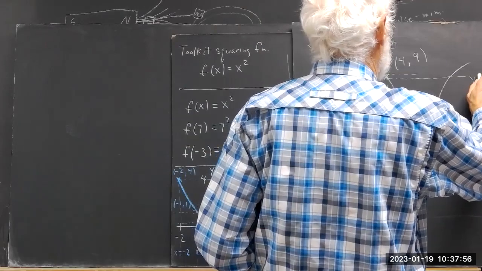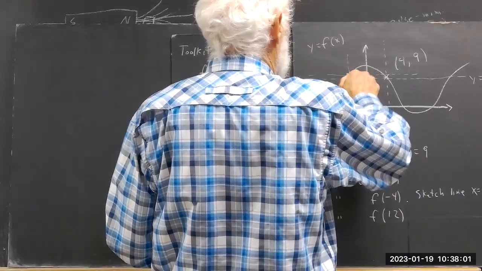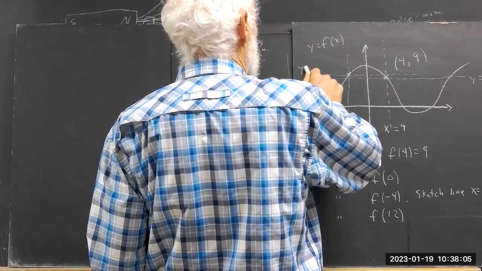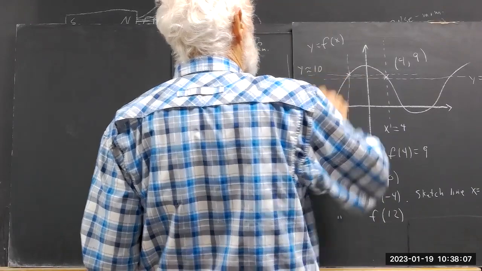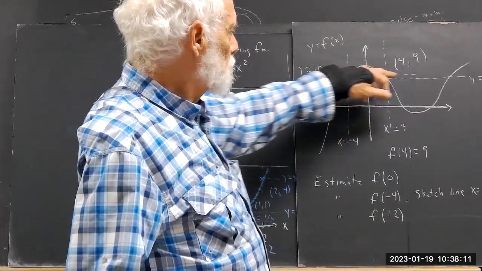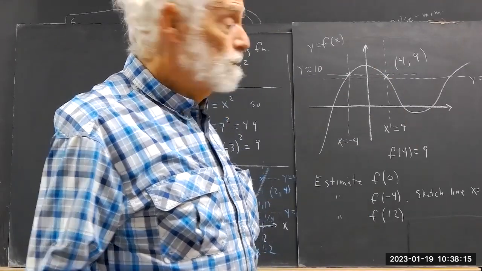So this would be the line where y equals 9. On this line, I use a little wavy equal sign. I say y is approximately equal to 10. It's a little higher.